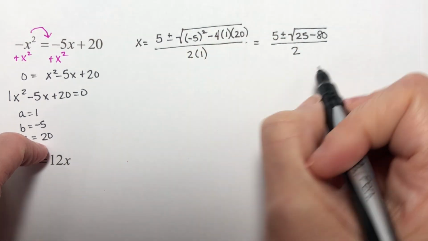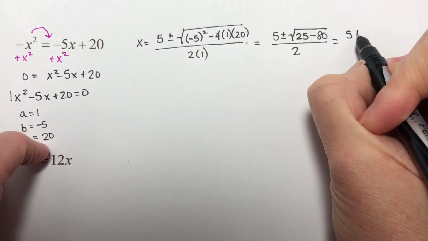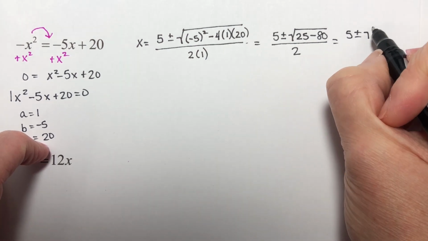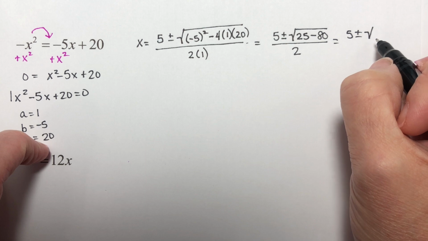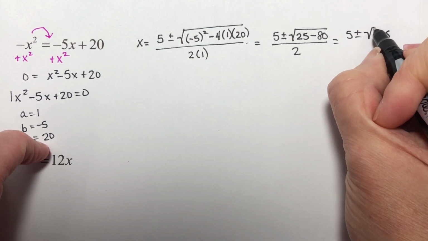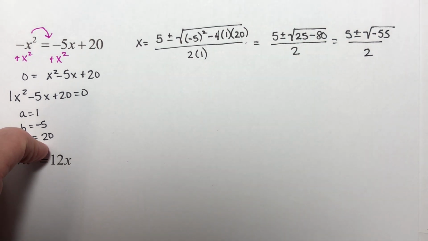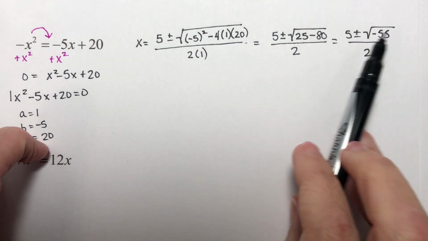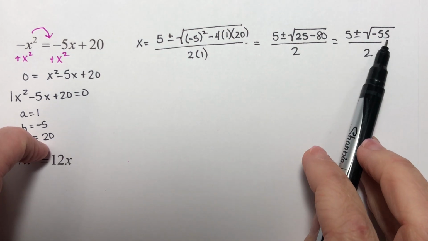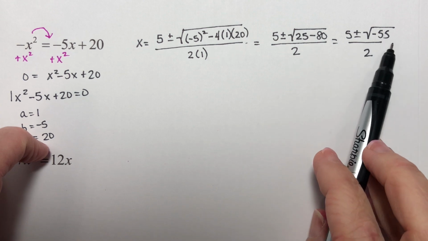Okay, well, this is 5 plus or minus the square root of 25 minus 80 is negative 55, and this is over 2. Well, you cannot take the square root of a negative number. Every time you do that, you get an error, and we say that it is not a real number.